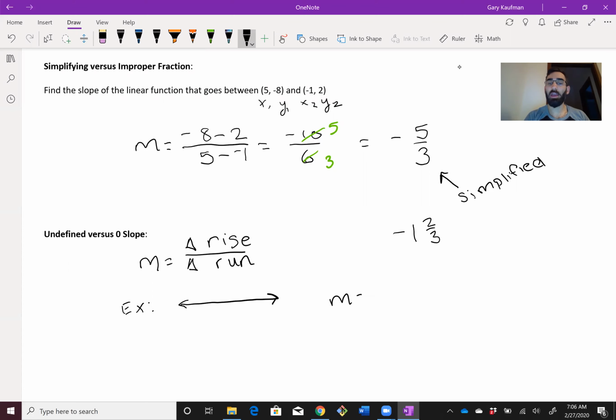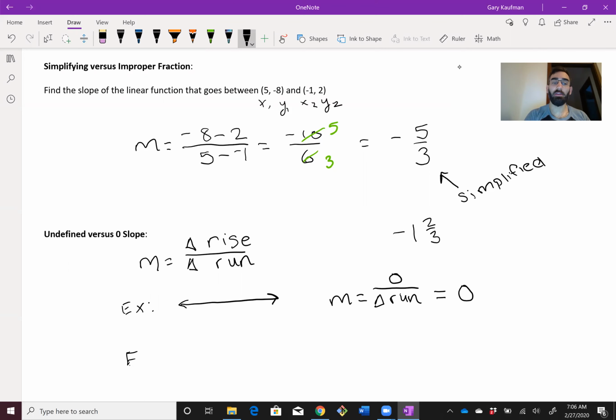So that's going to be m equals 0, because there's no rise, over whatever the change in run is. Well, 0 divided by anything, 0 divided by 4, 0 divided by -7, always simplifies to 0. It's just 0. So when there's no rise, it's a slope of 0.